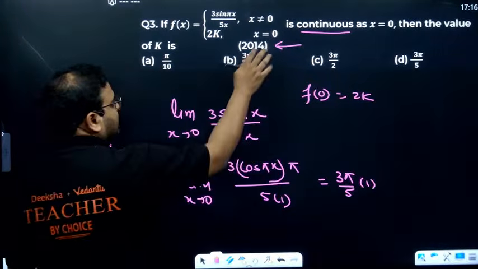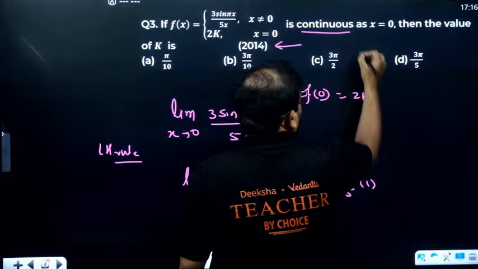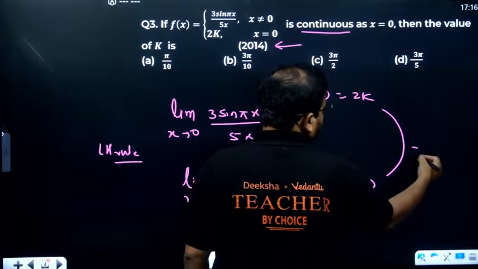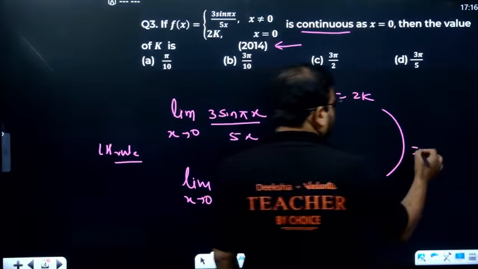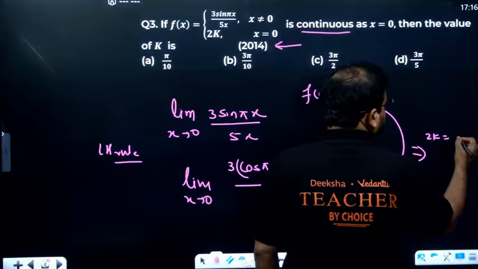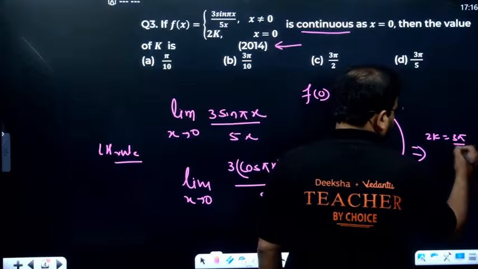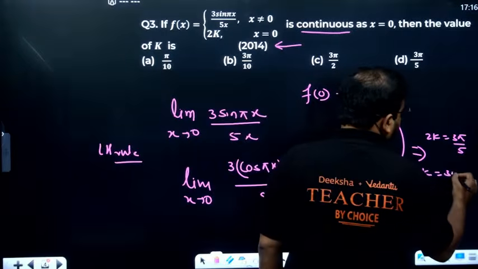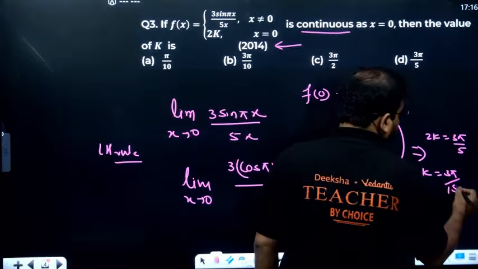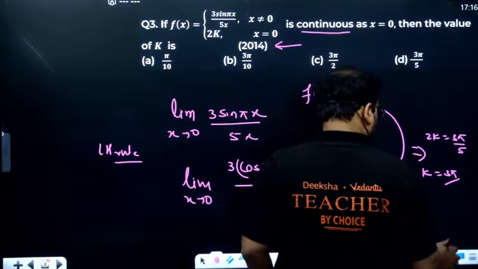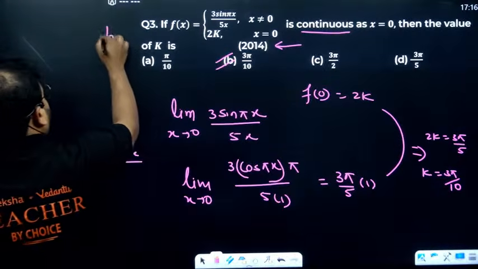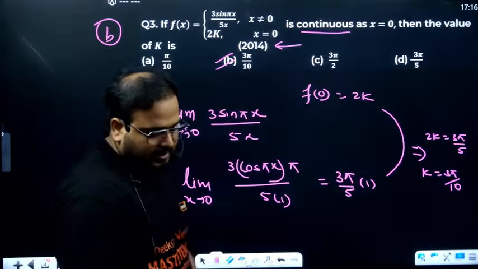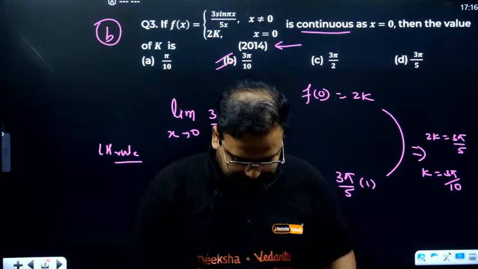And if it is a continuous function, then this value 2k and this should be equal. So if 2k is 3 pi by 5, then k must be 3 pi by 5 into 2, so 3 pi by 10. Correct.